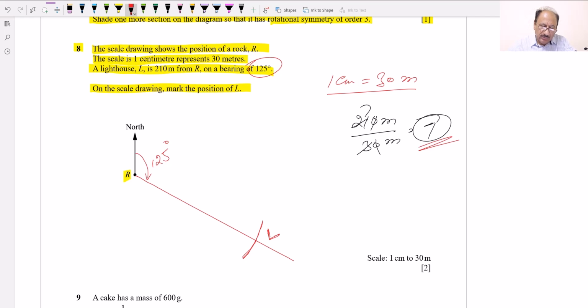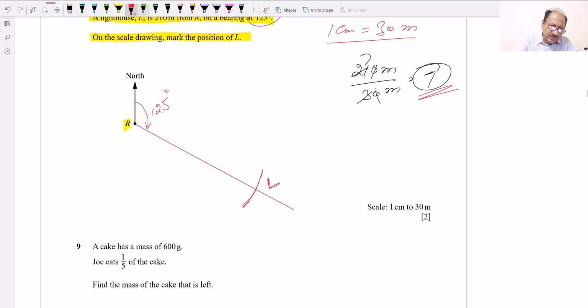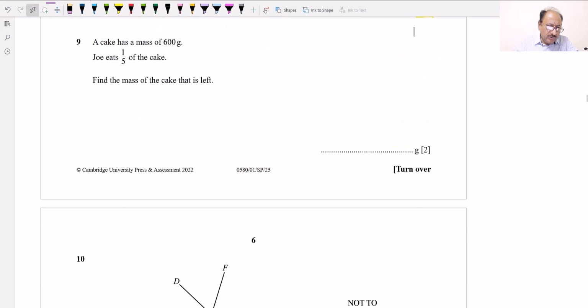So next, they have mentioned the scale over here, and this was a 2 mark question. Now question number 9 says a cake has a mass of 600 grams. Joy eats 1 by 5 of the cake. Find the mass of the cake that is left. So 1 by 5 is taken, so remaining will be 4 by 5.